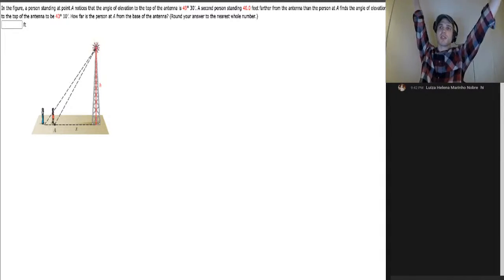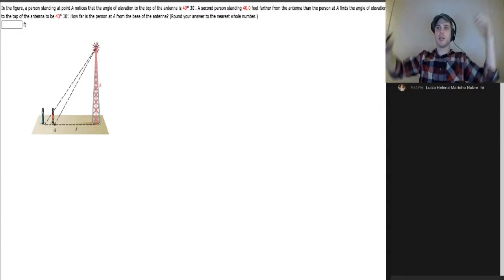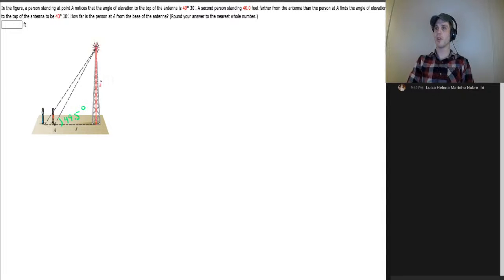So in the figure, a person standing at point A notices that the angle of elevation to the top of the antenna is 49 degrees 30 seconds. So that's here. 49 degrees 30 seconds is 49.5 degrees.